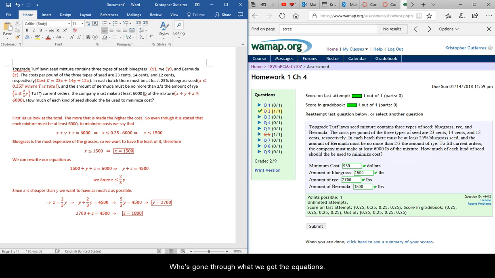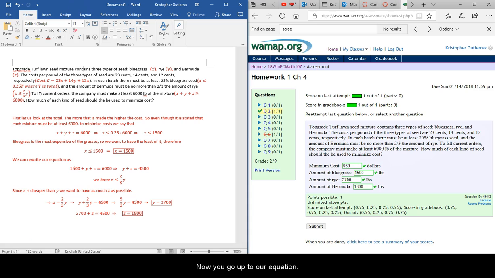So we've gone through it, we got the equations. Let's look at the total first. The more that's made, the higher the costs. So even though it's stated it is at least 6,000, to minimize cost we can say that it is equal to 6,000. So X plus Y plus Z is equal to 6,000. So the total amount we produce is 6,000.